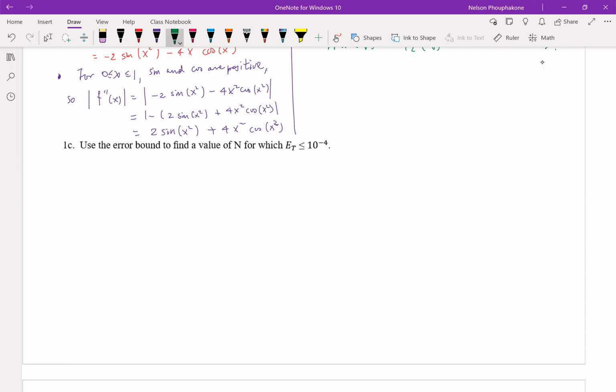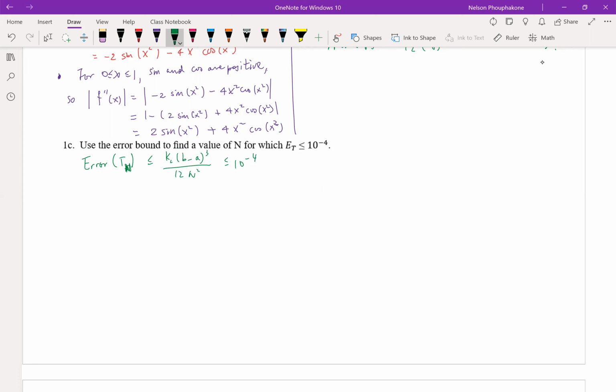Okay, so what we are looking for is the error of T sub n is less than or equal to K sub 2 times b minus a to the 3 over 12 n squared, which is less than or equal to 10 to the negative 4. So right now we would like to find the n.